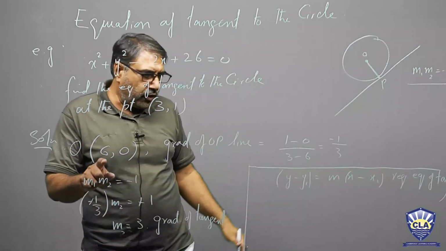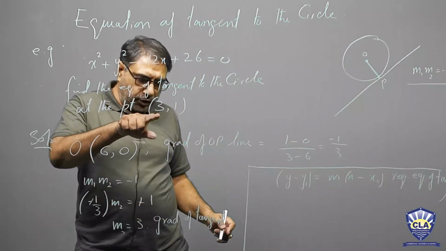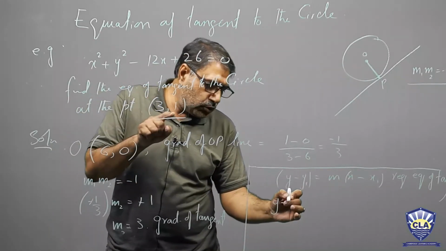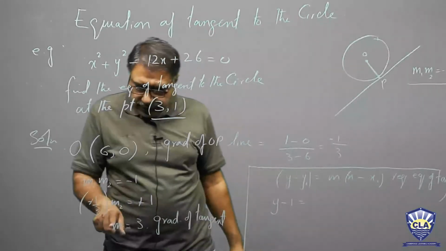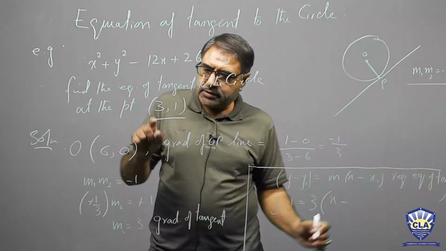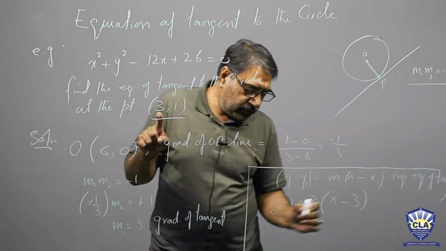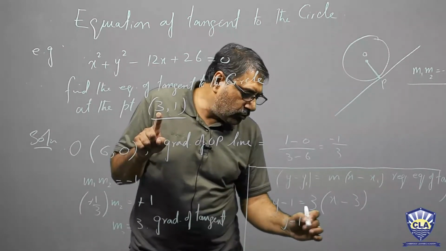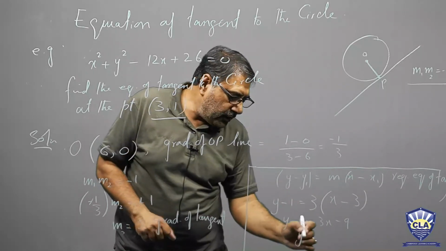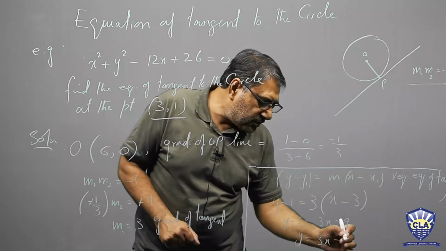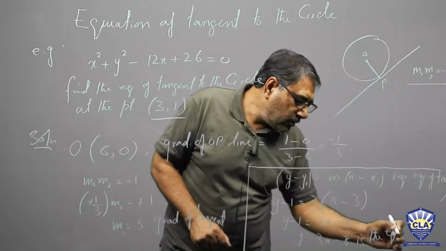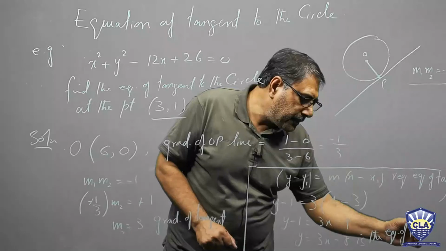Put the point: y minus y1 at this point 3, 1. 3, 1 is the point. y minus 1 equals to gradient 3 times x minus 3. So y minus 1 equals to 3x minus 9. So y equals to 3x minus 8 is the equation of tangent.